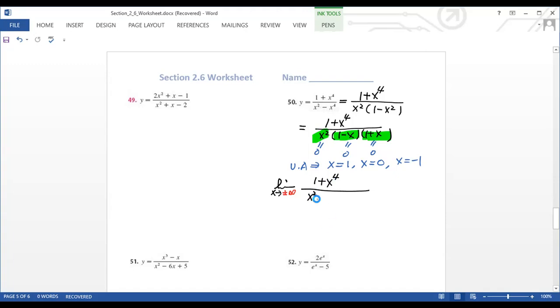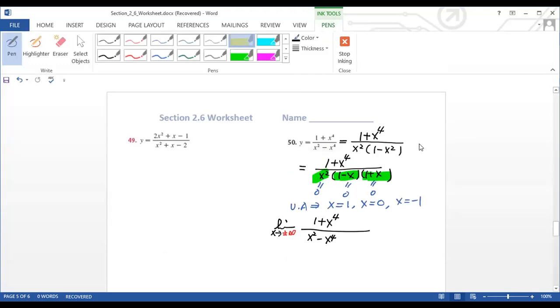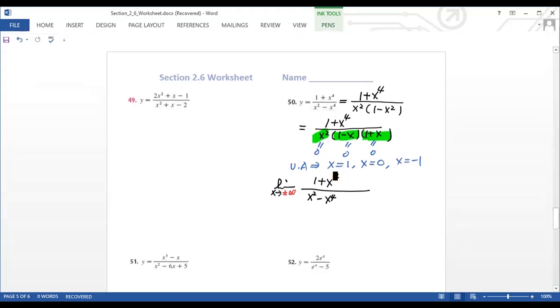So this is x squared minus x fourth. Take a look here: this is the fourth power, and this is the fourth power. So I know the exponents here are n equals 4 and m equals 4 also.